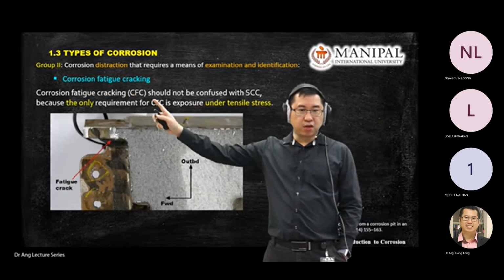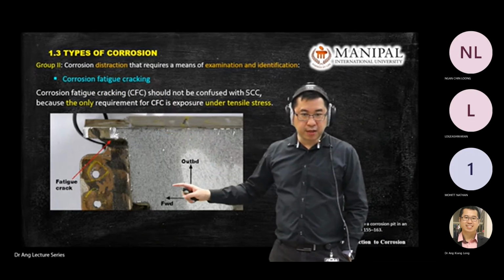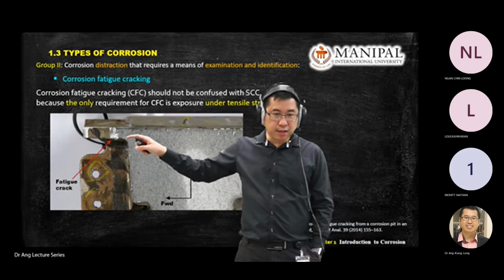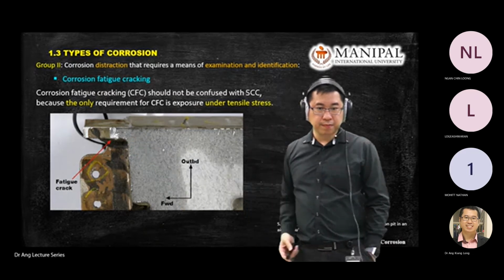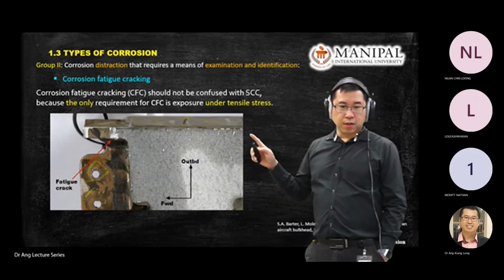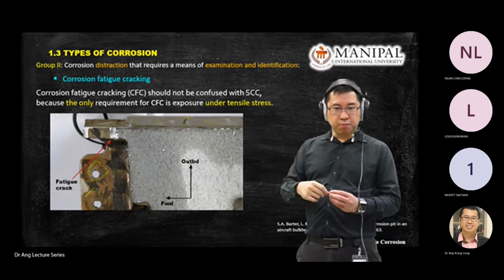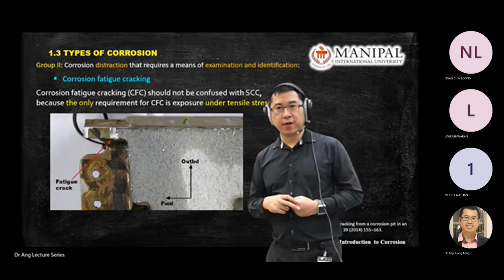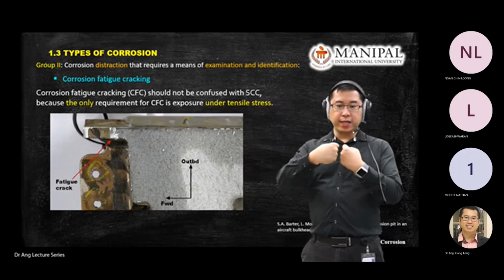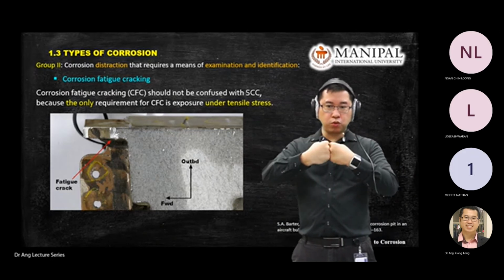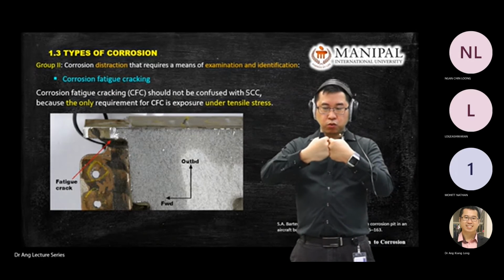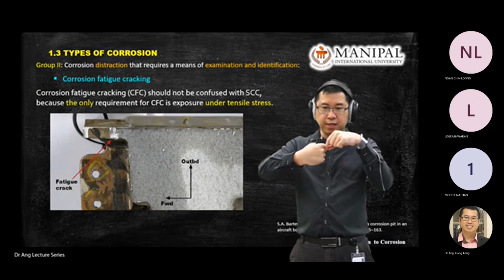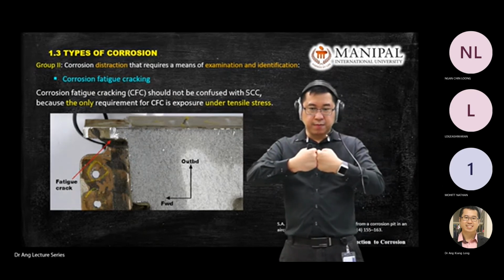So for CFC, or corrosion fatigue cracking, this is another example of a structure where you will see there's a crack at the red arrow there. As long as there's tensile stress, a pulling stress, corrosion fatigue cracking usually will happen at the connecting component, where you need to lock two mechanisms together. These two mechanisms have a pulling effect, meaning the connection area itself experiences tensile stress.